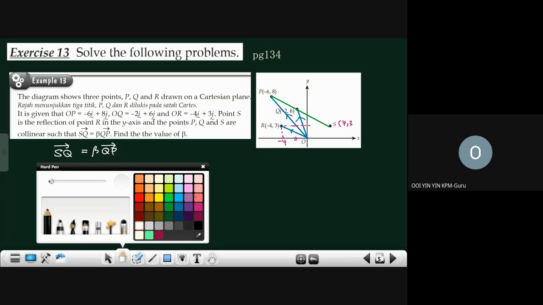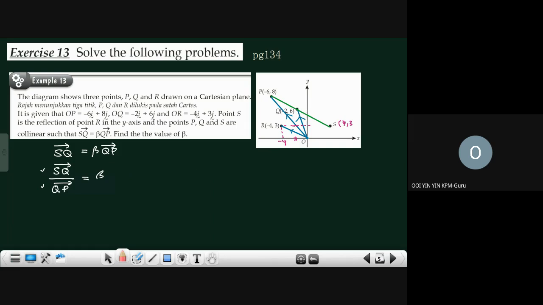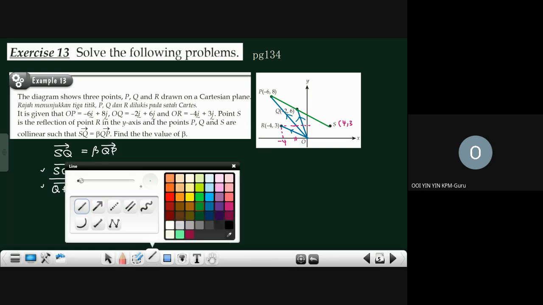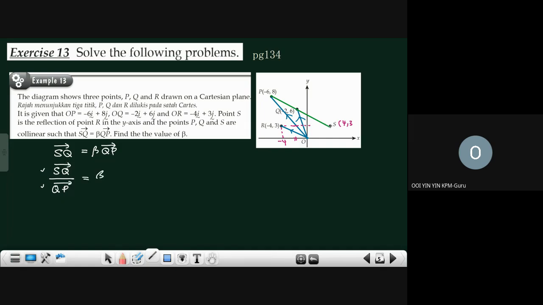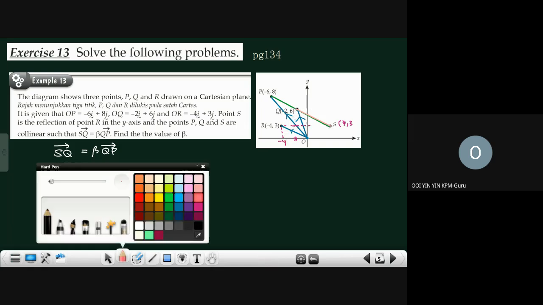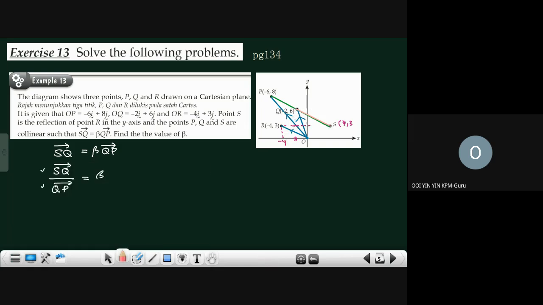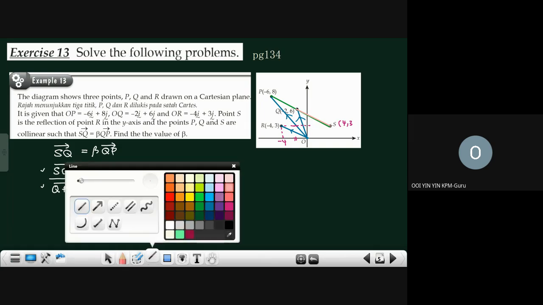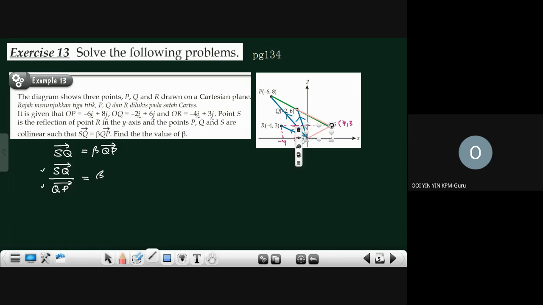Yeah, we have ways to find our SQ. 对吗？就是说我现在要这段 S. I want my SQ here from my S to my Q. And then how can I get it? I can start with my S to O first. 这边 S 来 O.